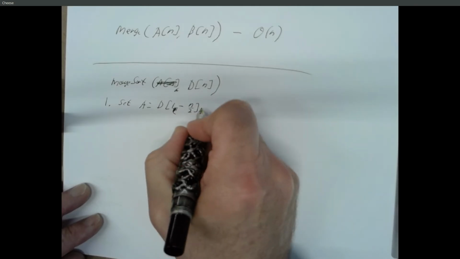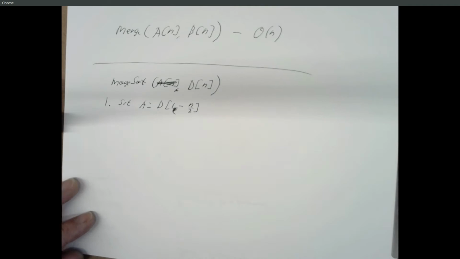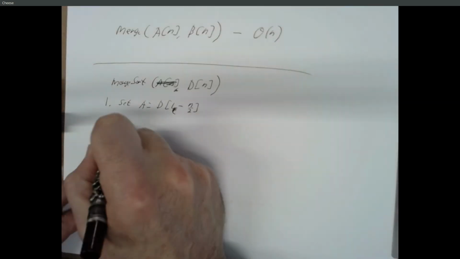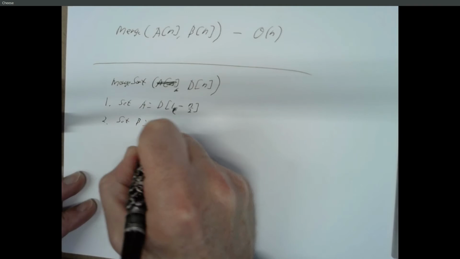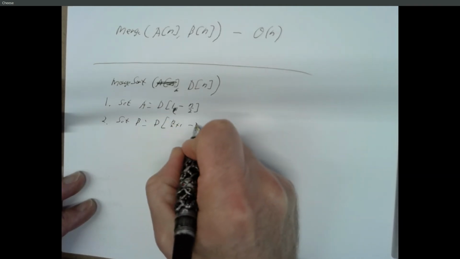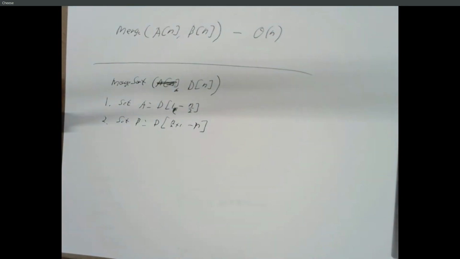And don't get too flustered over the details here. I'm going to set A equal to basically the first half of my data. So elements 1 through n over 2. And I'm going to set B equal to the second half of my data. And this is the magic of pseudocode, because I don't have to say how I'm going to do that. But I'm going to split my data into 2 smaller arrays, each roughly half the size.